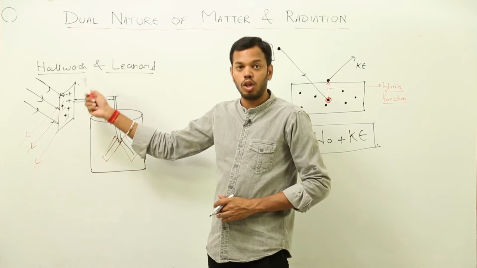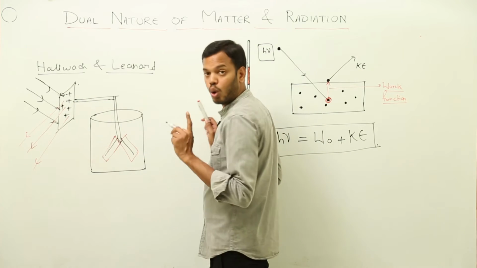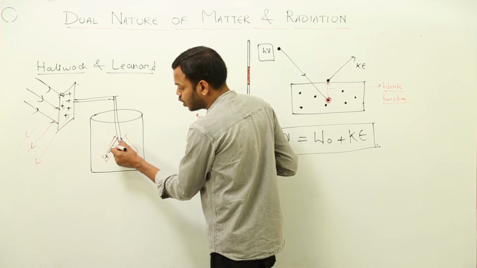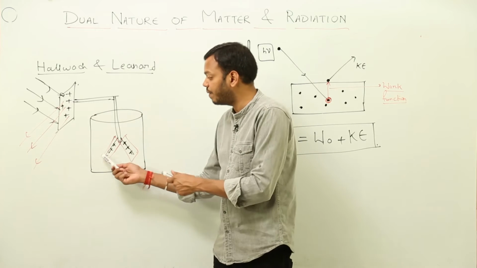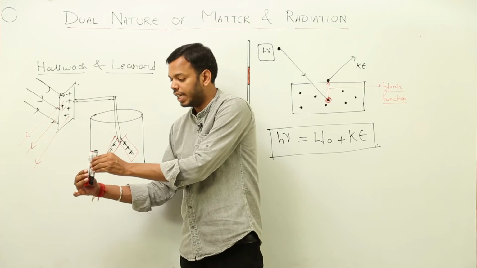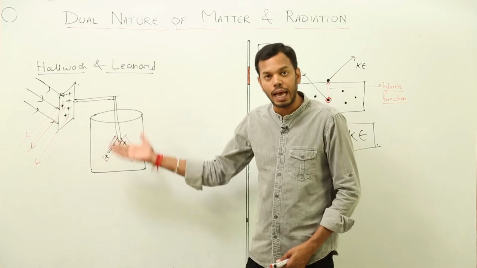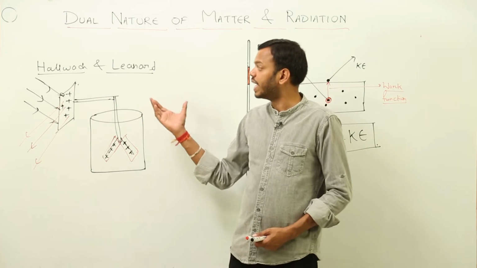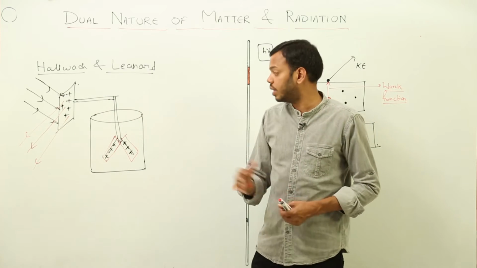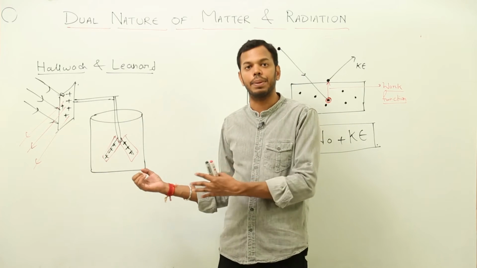The plate with all the positive charge is now connected here with these two gold leaves. The gold leaves also will acquire the same positive charge, and what will happen if they both have positive charge? They will repel each other, right? This is what they expected and this is what happened. So this was the observation of Hallwachs and Lenard, that photoelectric emission is true and it happens.